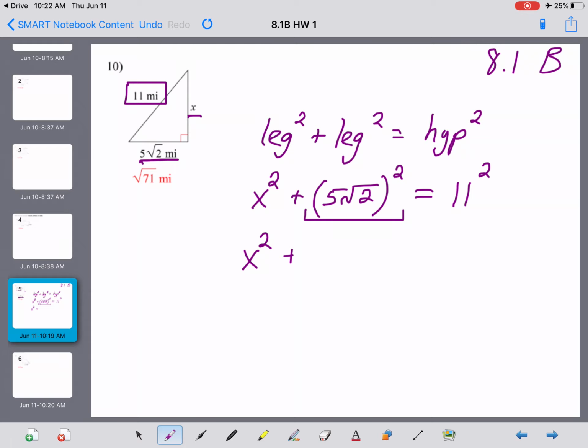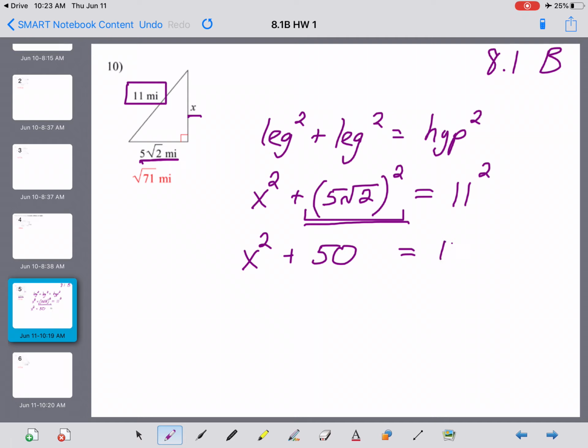So if anybody got the square root of 111 for their answer to this problem, that's what you did wrong. So if I do it properly now, in parentheses, 5 times the square root of 2, close the parenthesis, and then square. So I typed it into my calculator exactly the way it looks here. Both the 5 and the root 2 are going to get squared, and we should end up with 50. Yep, that's what it was.